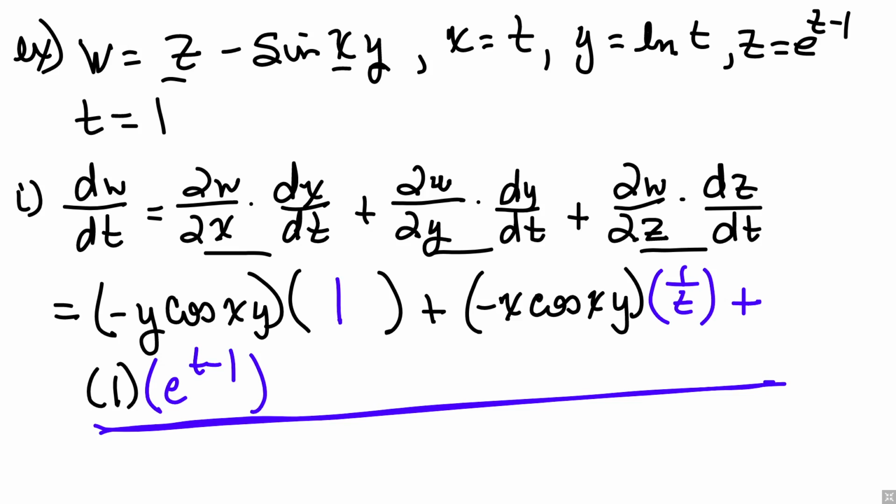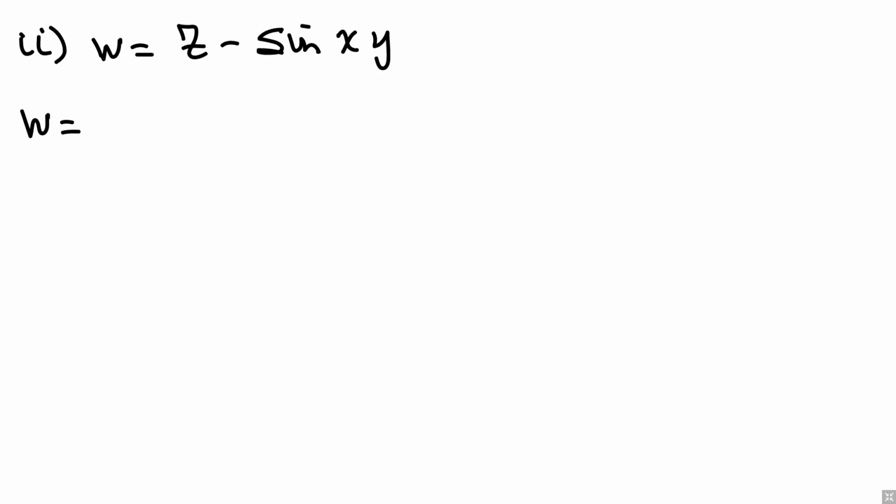All right, so now let's do the part 2 portion of this. What we're going to do is rewrite w. So w is equal to z minus the sine of xy. I'm going to replace all of these with what they're equal to.